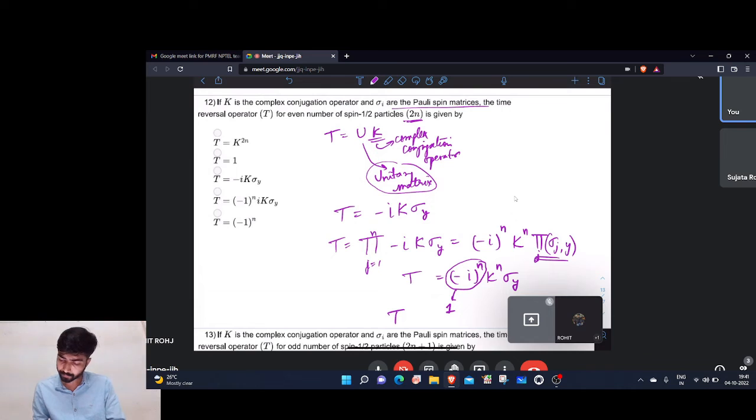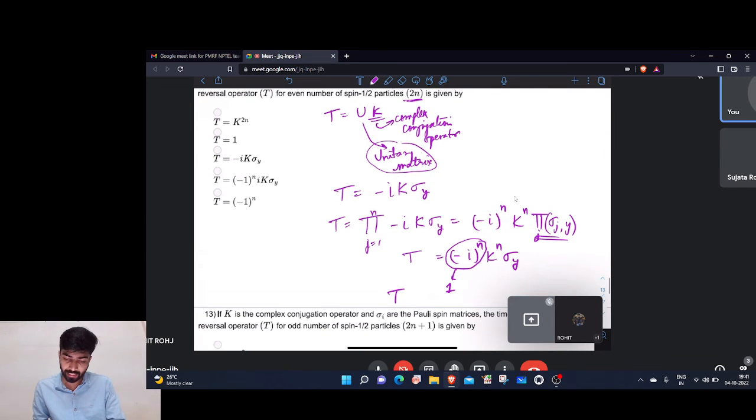I think, yeah, when K raised to the power even times 2 it becomes 1, and the sigma y's also become 1. Finally, what we would be having in T is that this initial iota part was 1, so we are left with T being 1.